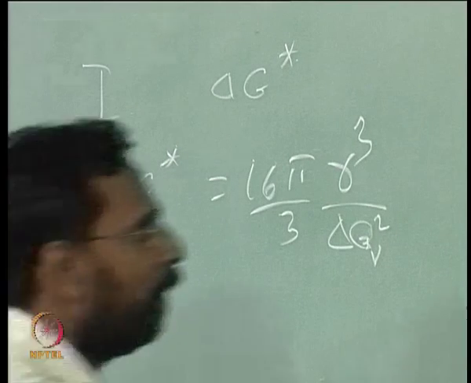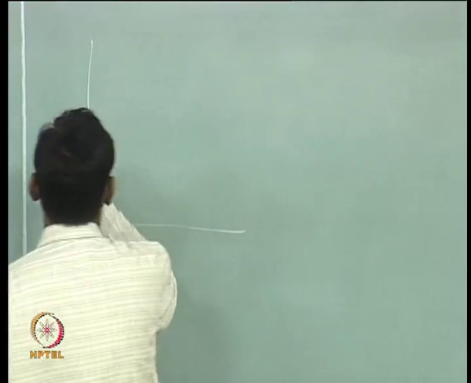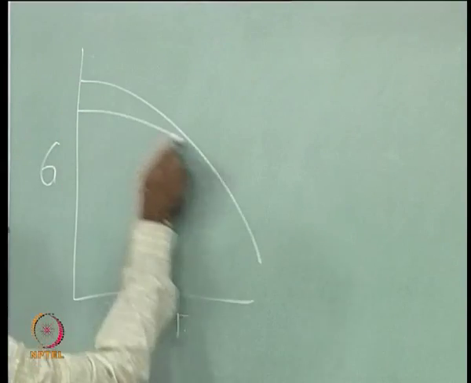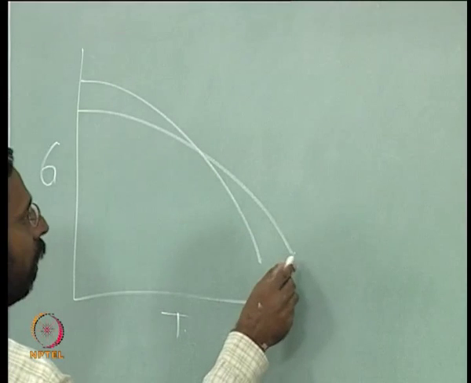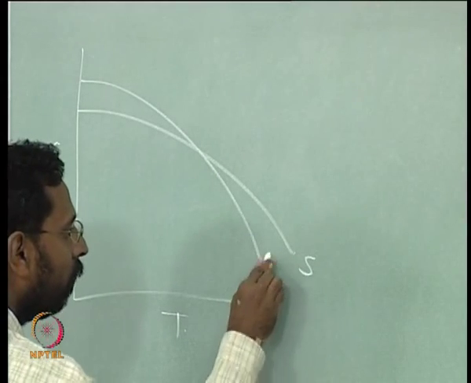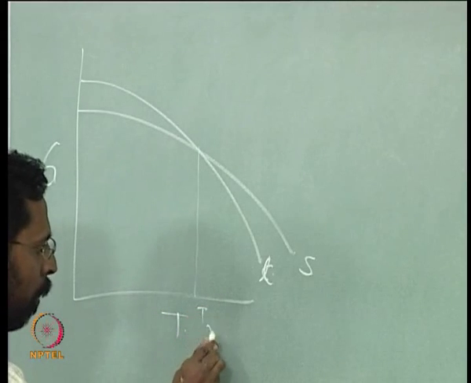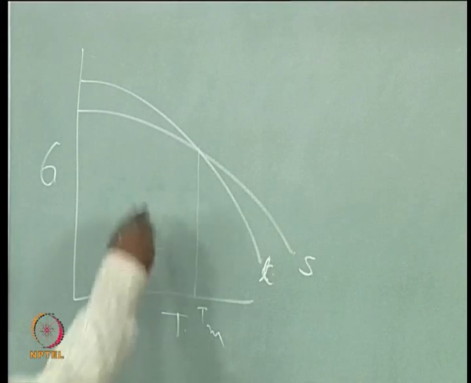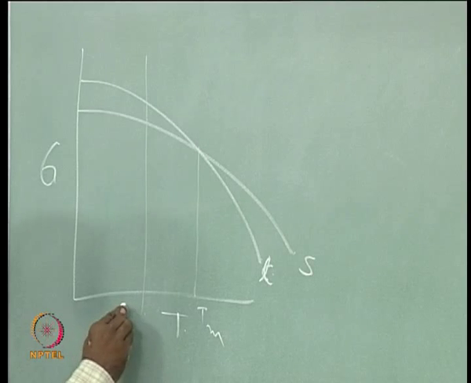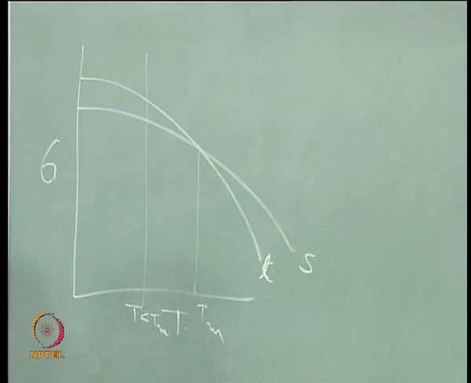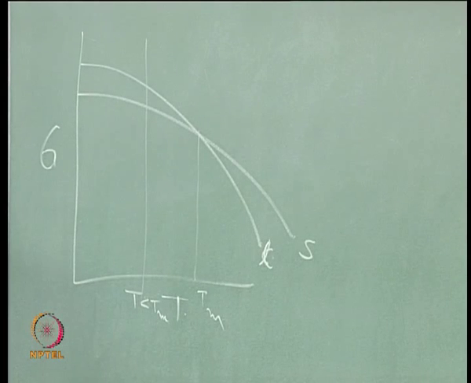If I draw this G versus T, so this is let us say solid, this is let us say liquid, and this is our melting point Tm, and at any temperature below the Tm, T less than the Tm, liquid has a higher free energy than the solid.